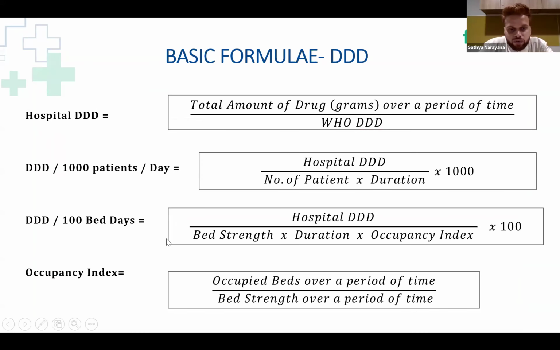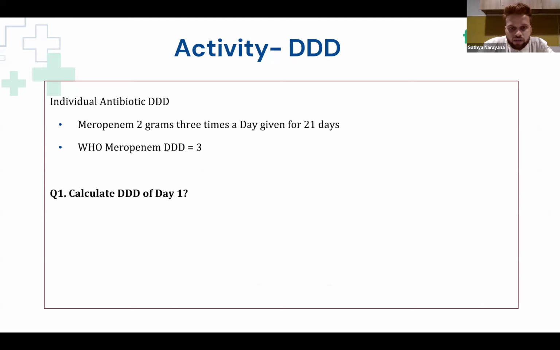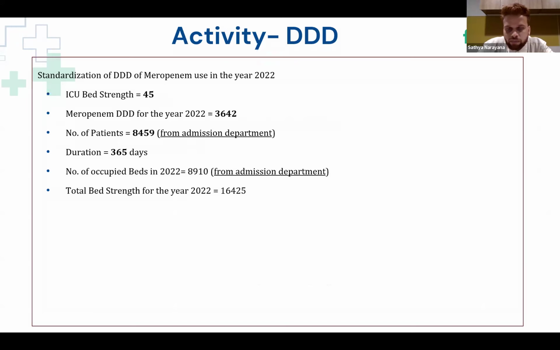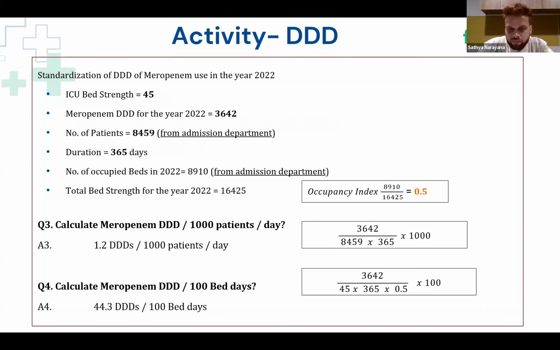Yes. Here, if you consider this formula for calculating 1,000 bed days, we are correlating bed strength into duration into occupancy index. The same way we'll be correlating with the equation. So here we are taking 3642 into the bed strength of the particular ward or area, and the duration is 1 year, followed by the occupancy index that we'll get from this.